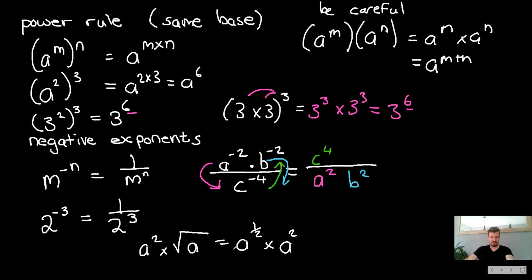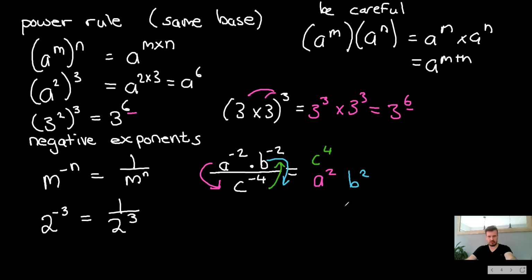I've written it the opposite way around because I haven't got space here. But you end up having a to the half plus 2, which is 5 over 2, if we add these two together. We add these two together, we get 5 over 2. Might have lost you there. That was quite confusing. Let me just do the rule.